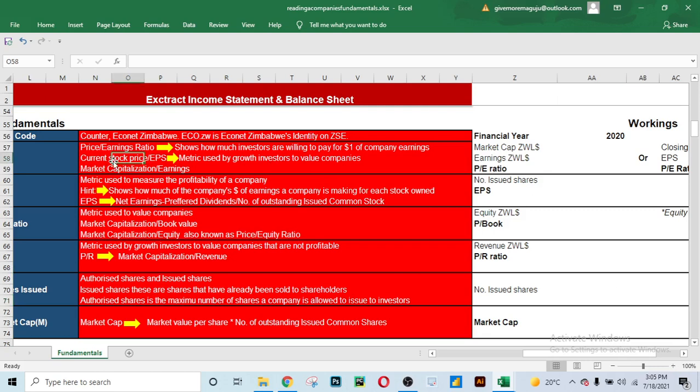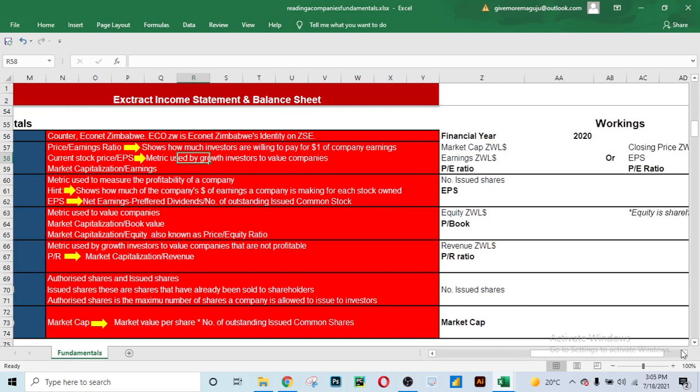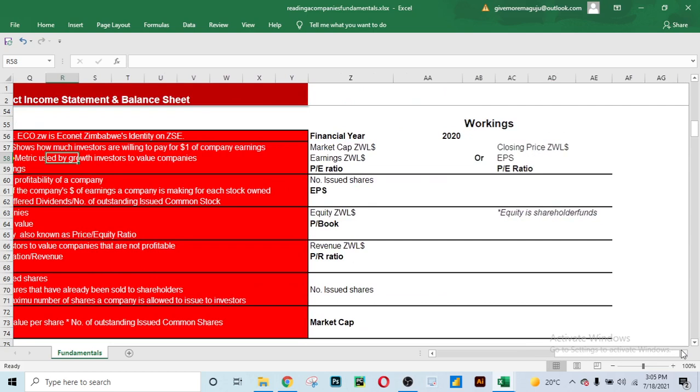And the first one here, we said current stock price divided by EPS. And here we have another one where we said we can calculate that by using this formula, market capitalization divided by earnings. So we want to start by looking at market capitalization divided by earnings, and let's see if these formulas will bring different results.